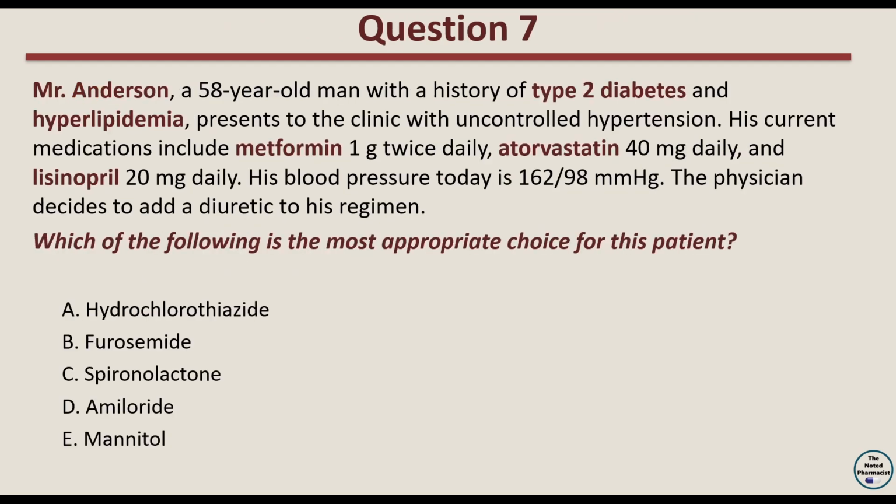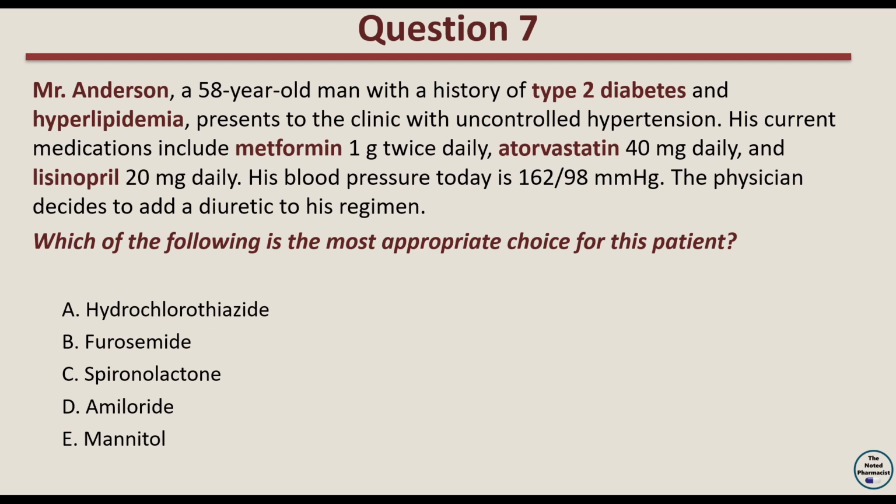Question 7. Mr. Anderson, a 58-year-old man with a history of type 2 diabetes and hyperlipidemia, presents to the clinic with uncontrolled hypertension. His current medications include metformin 1 g twice daily, atorvastatin 40 mg daily, and lisinopril 20 mg daily. His blood pressure today is 162/98 mm Hg.